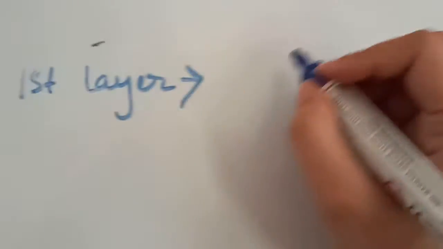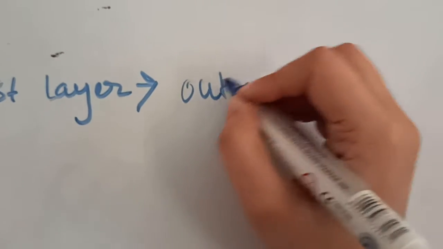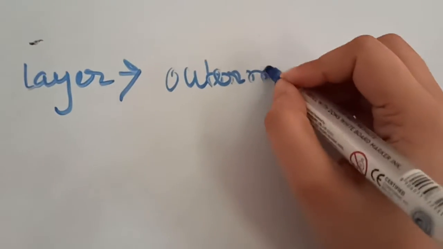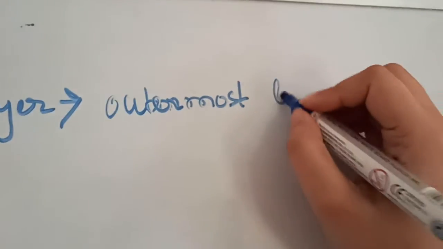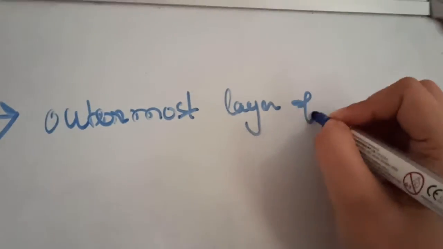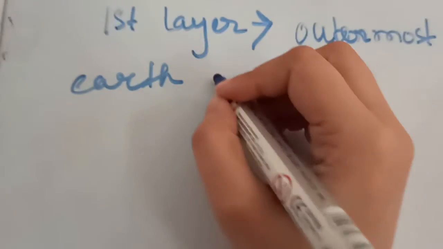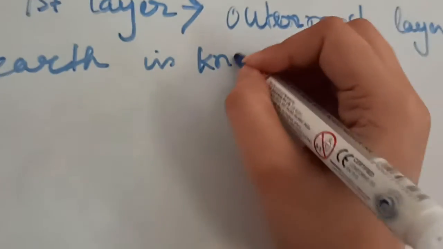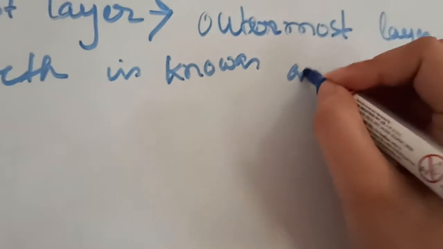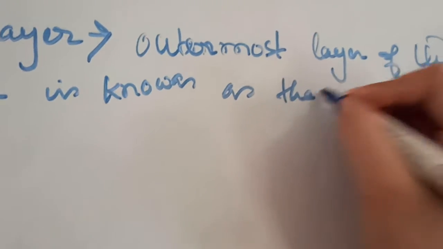The first layer of the earth, or the outermost layer, is known as the crust.